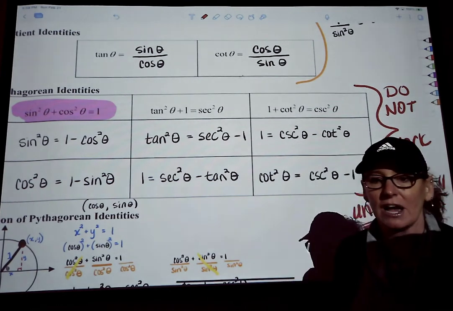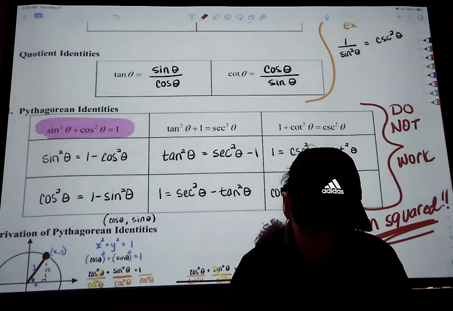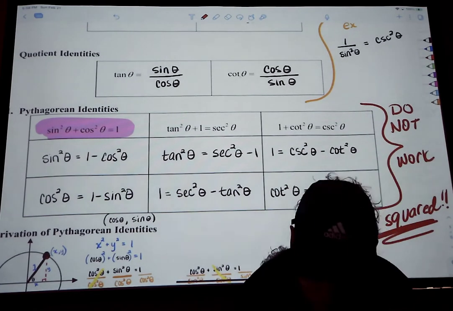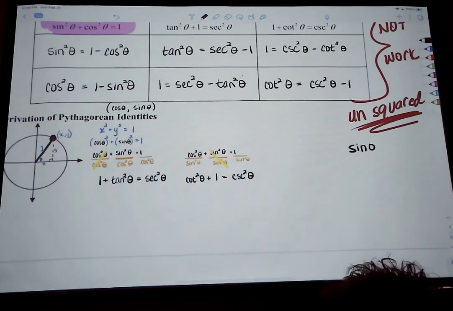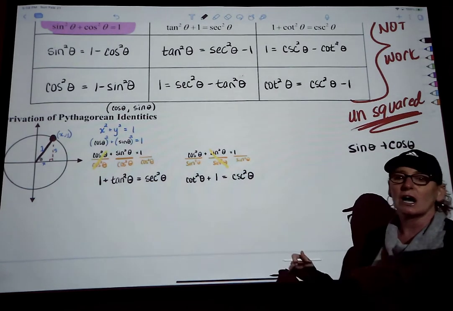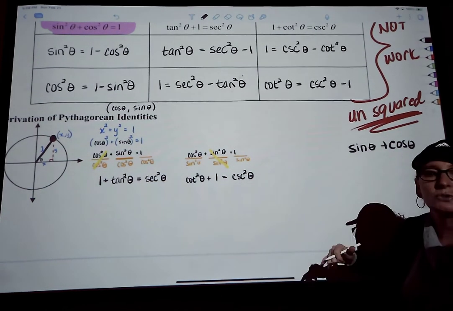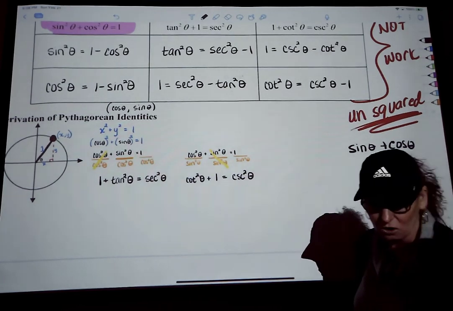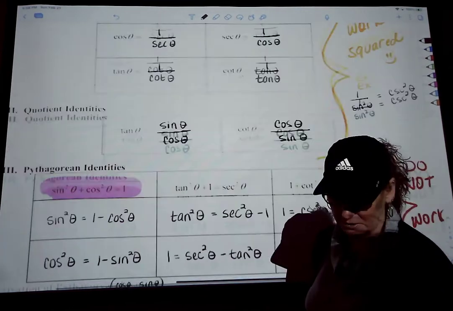Don't ever, ever, ever allow yourself to make any of those substitutions if they're not all squared. So if you see sine of theta plus cosine of theta, do not say, oh, look, that's just 1. No, it's not. Not at all. They both have to be squared.